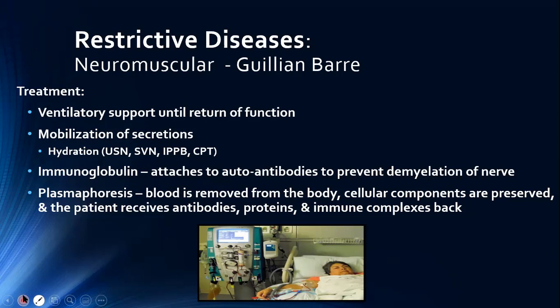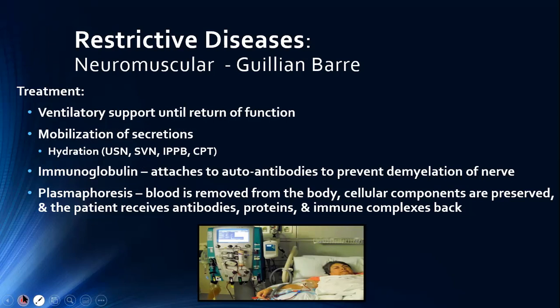The paralysis leaves, right? So we put them on a vent, watch them until they are able to breathe spontaneously again, and then we can take them off the ventilator. Neither Guillain-Barre or Myasthenia Gravis is usually deadly, right? It just sucks. You're in a hospital, but it usually doesn't kill you, okay?